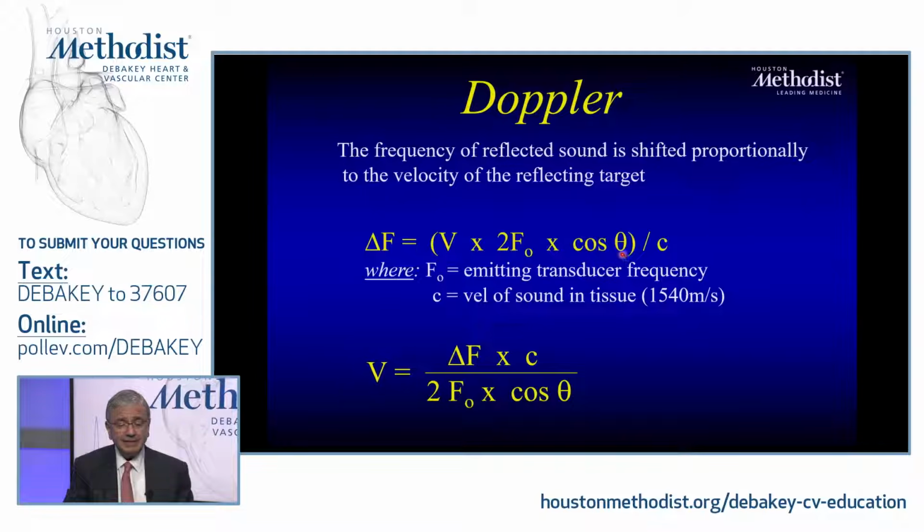And if you're at 90 degrees, then cosine 90 is 0, and you won't have any frequency shift. So in daily life, we solve for the velocity, and you rearrange this equation so you know what the velocity is in relation to the frequency shift, and that's how the velocity scale is on your Doppler.